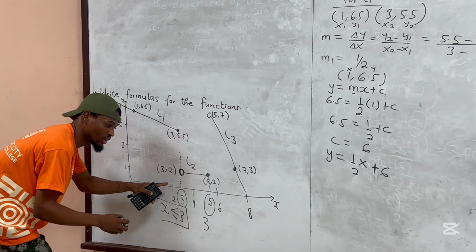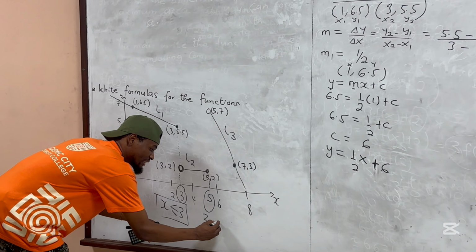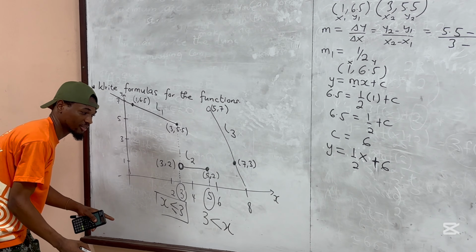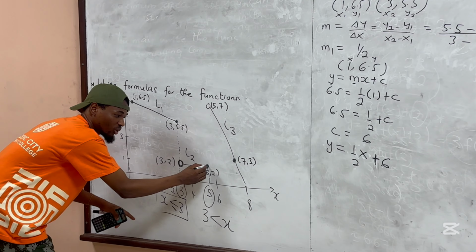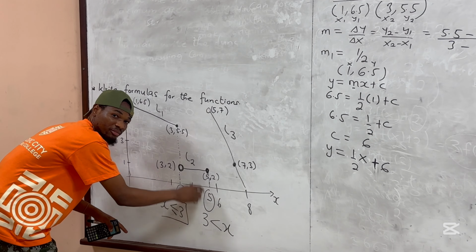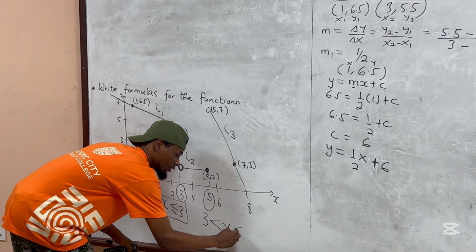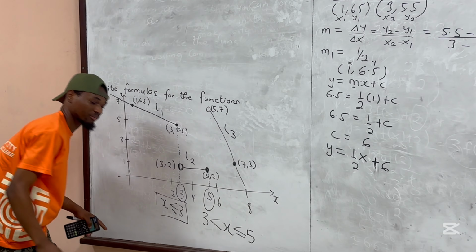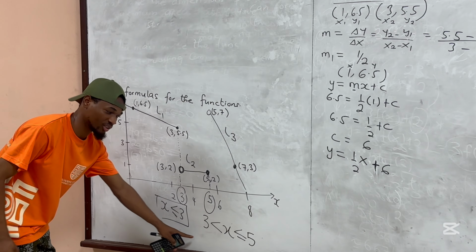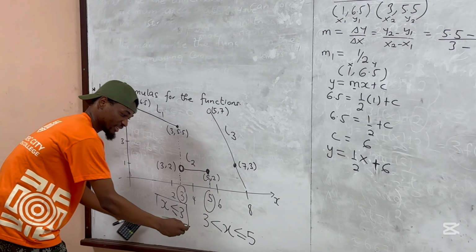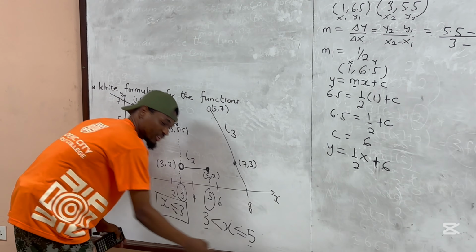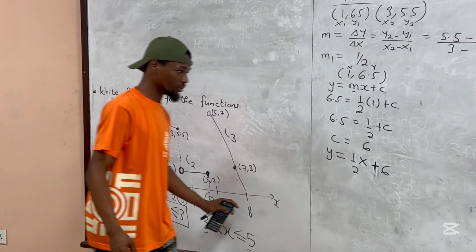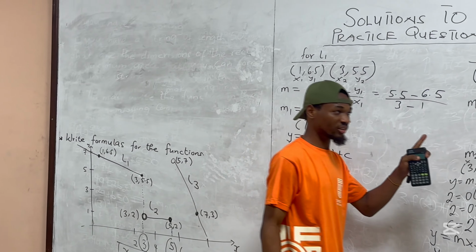So you write 3 is less than x. Note this other end is inclusive, less than or equal to 5. So that is the range: this is exclusive and this is inclusive, so I'll add the condition there.